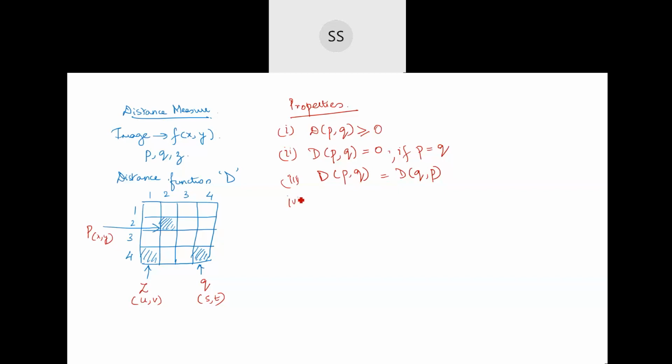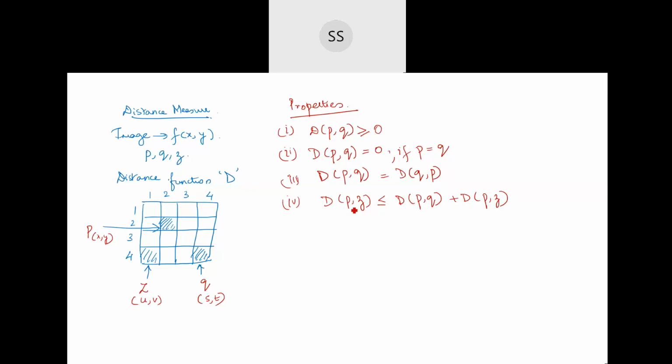Next, the fourth one says that the distance between 2 pixels P and Z will be less than or equal to the distance between P and Q plus the distance between Q and Z. It can be equal to or it can be less than. That is what it says.